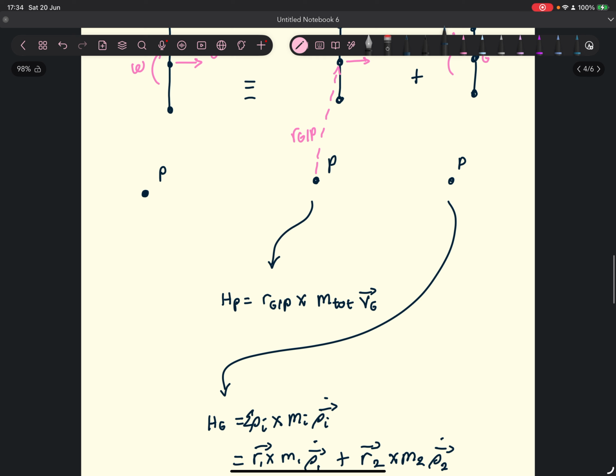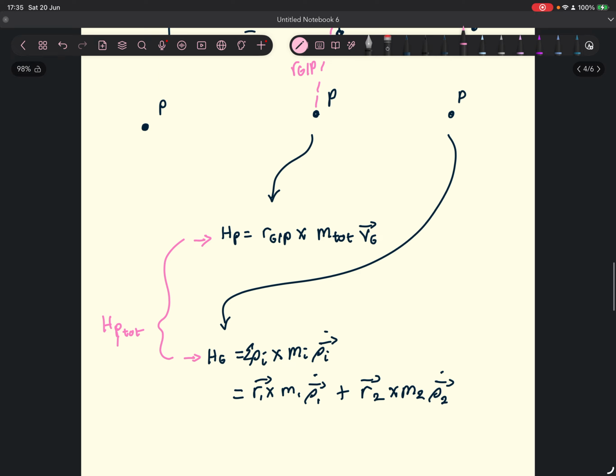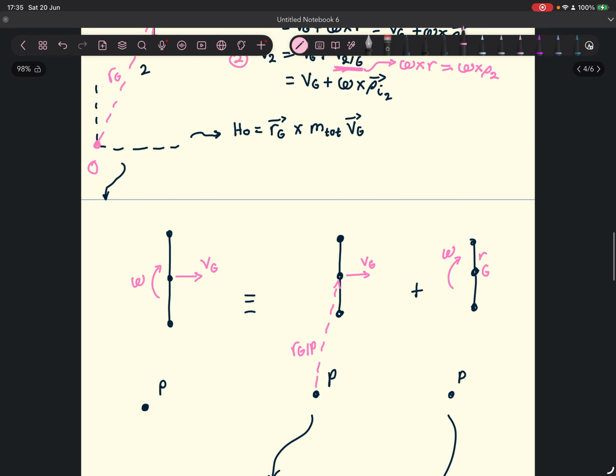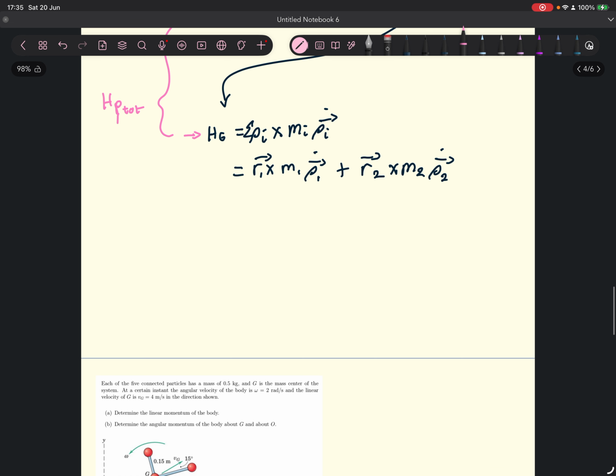Okay, and then you add both of these components together to get the total angular momentum about point P. Okay, hopefully that makes sense.